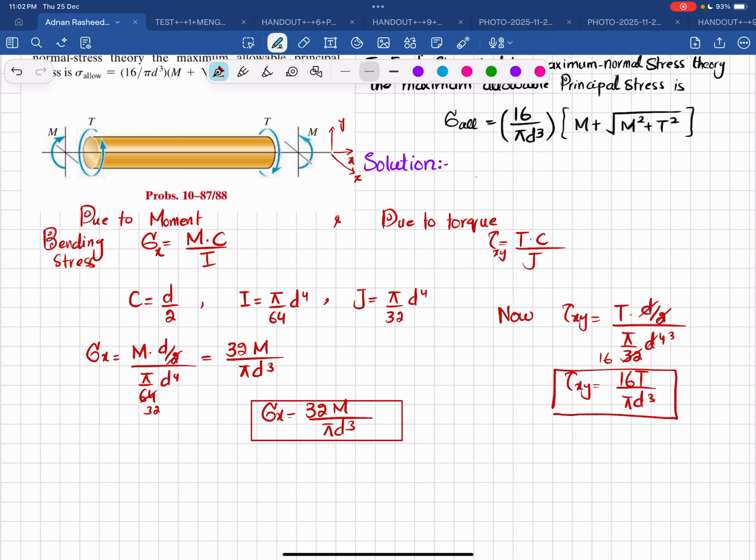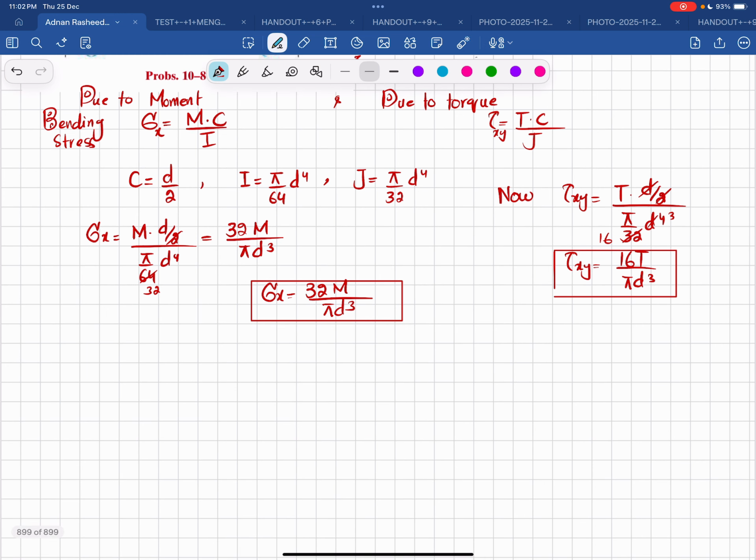This is the shear stress. Now you can see we have a state of stress in which sigma x is 32M over pi d cubed, sigma y is equal to 0, and shear stress tau xy is 16T over pi d cubed.